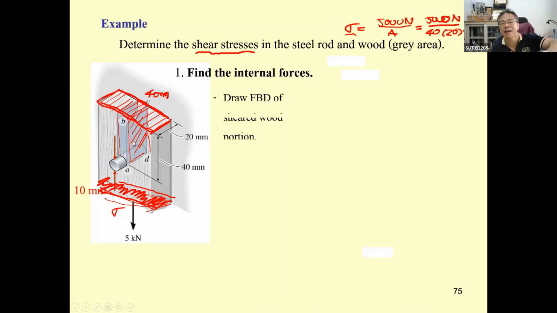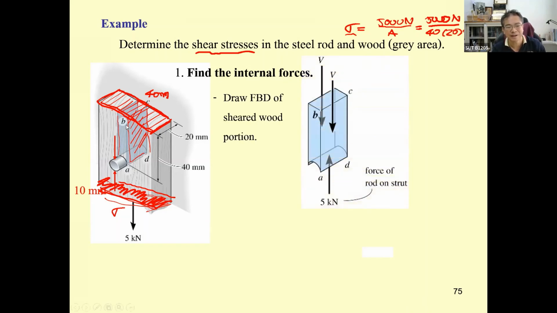Okay, we find the internal forces. We separate. Okay, this portion, we take this portion, this piece. We take this one out. We just draw this one by taking this one. Okay, this one, and then we take this portion out.